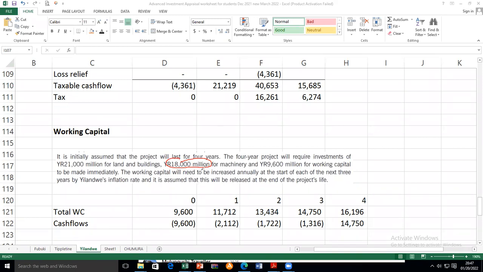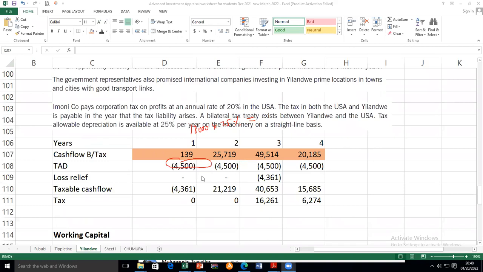So 25% straight line. So you take that, divide by 4. You take the 18,000 or multiply by 25%. That gives you your tax allowed depreciation. That's a 4.5.